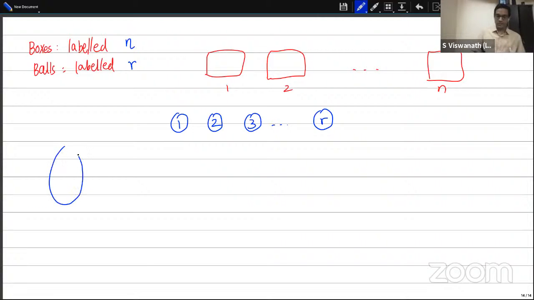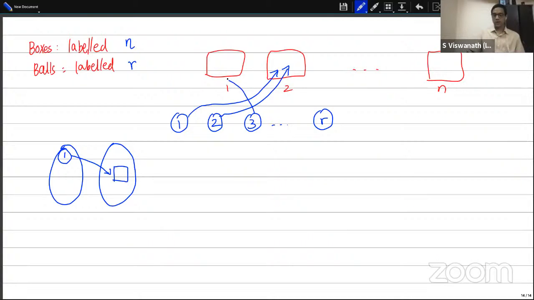So let me do what you're saying as follows. Take ball 1, and that ball has to go to some box, right? This ball is going to be placed inside some box. Take the second ball, that ball has to go to some box. Third ball has to go to some box, and so on.